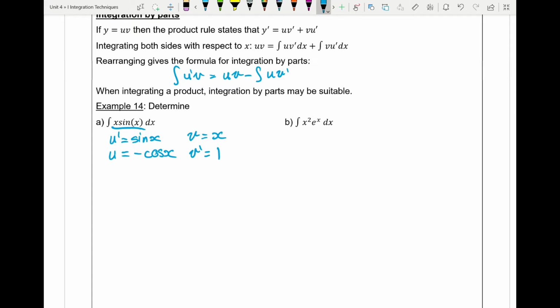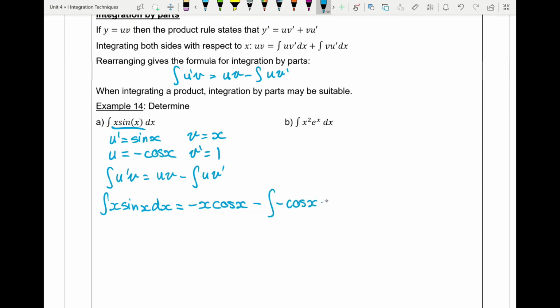So applying the formula of integration by parts, we start with the integral of u dash v equals uv take the integral of uv dash. And so, of course, substituting in, we get that the integral of x sine x dx is equal to uv, which is negative x cosine x, and then we get uv dash, which is the minus the integral of negative cosine x times 1.